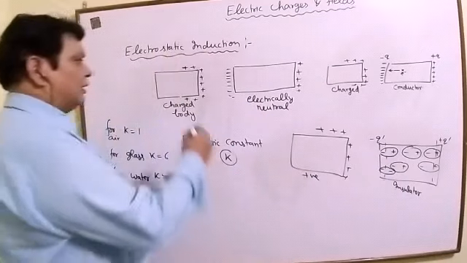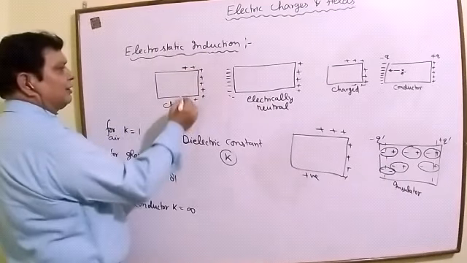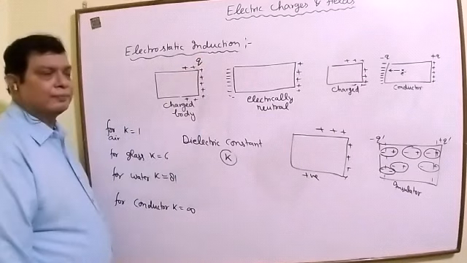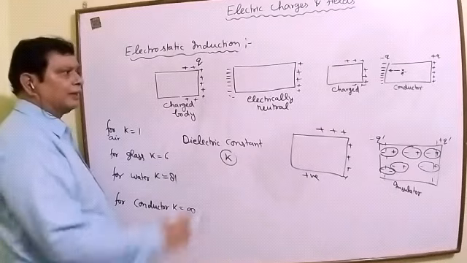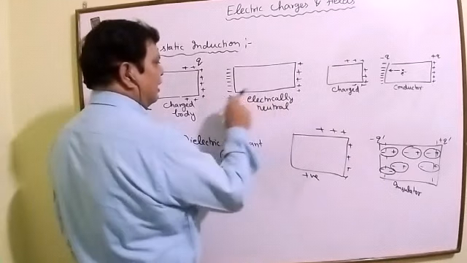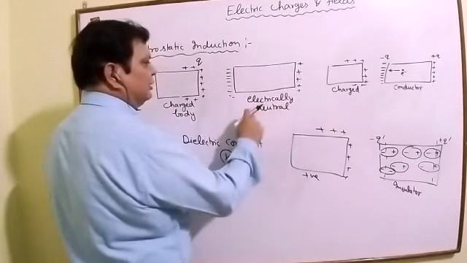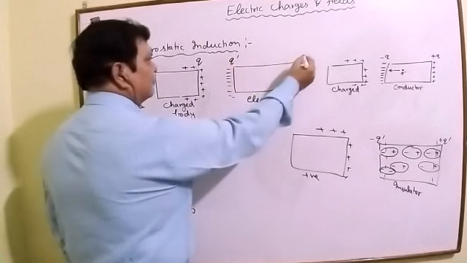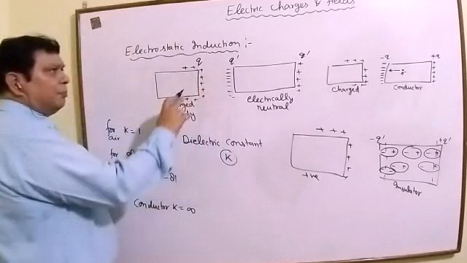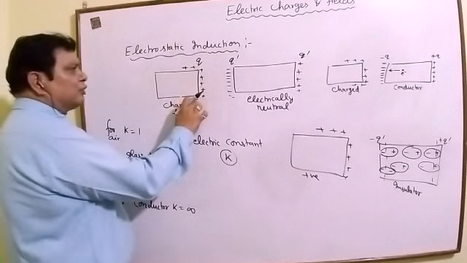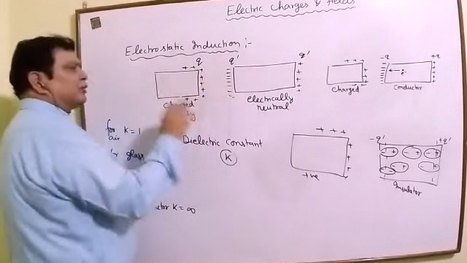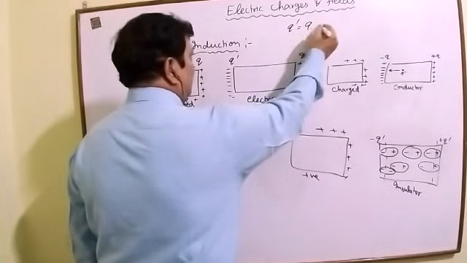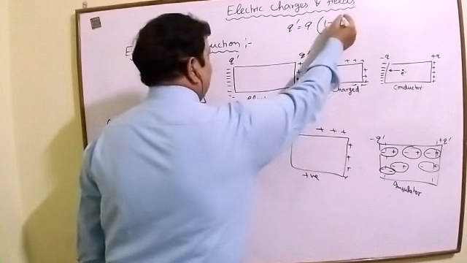For it, you must know that the charge which you have brought is called the inducing charge. And the charge which has appeared in the electrically neutral bodies is called the induced charge. And the relation between this induced charge and the inducing charge is this one: Q dash equals Q into 1 minus 1 by K.